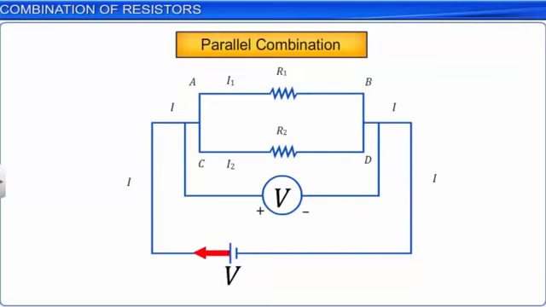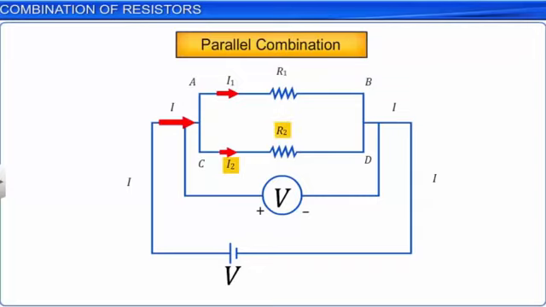The charge that flows from the source, that is the battery, splits and flows out partly through R1 and partly through R2. I is the rate of flow of charge from the source, that is the battery. I1 is the current through resistor R1, and I2 is the current through resistor R2.